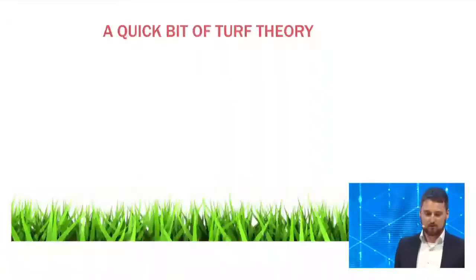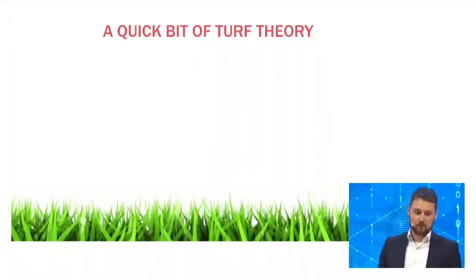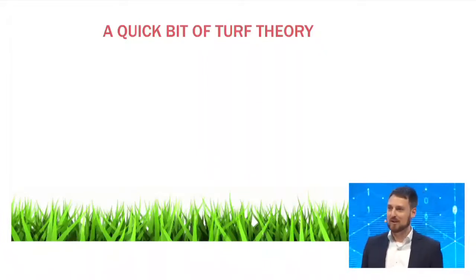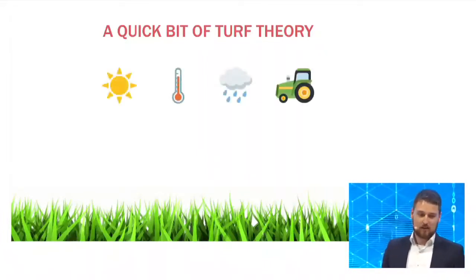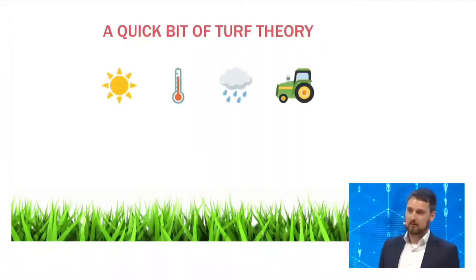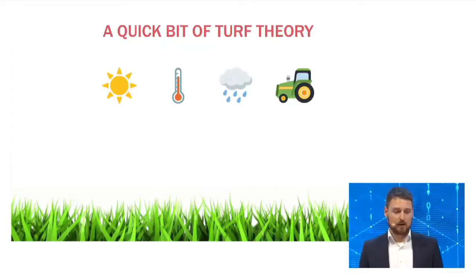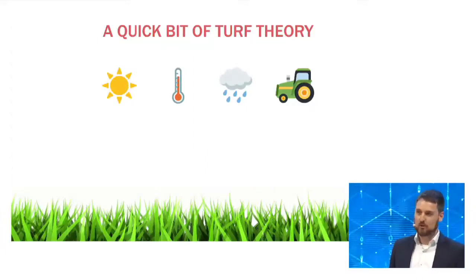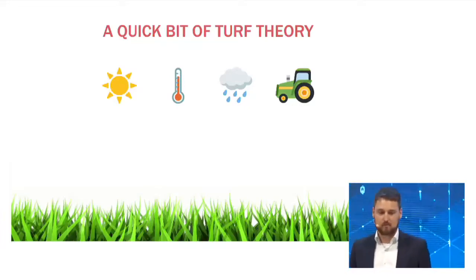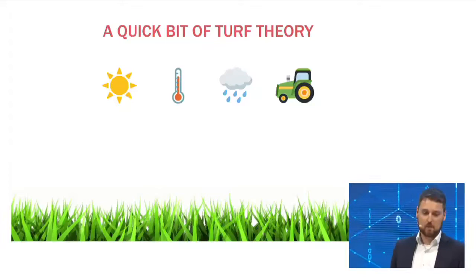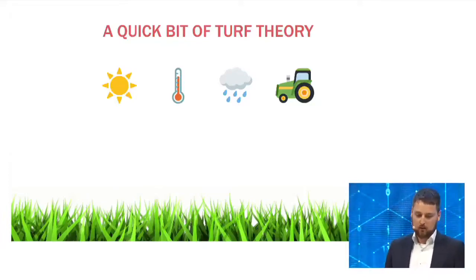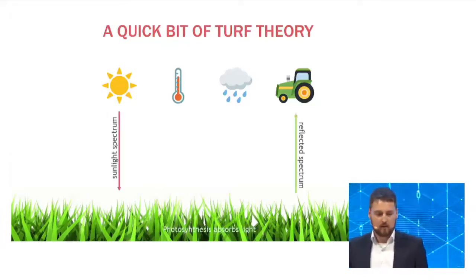Thank you, Jens. So I'm going to start with a quick bit of turf theory. Here on the bottom we see our green, and now we need some external factors like sunlight, the right temperature, precipitation, water, and cultivation like fertilizer and so on. And then the grass will stay green.